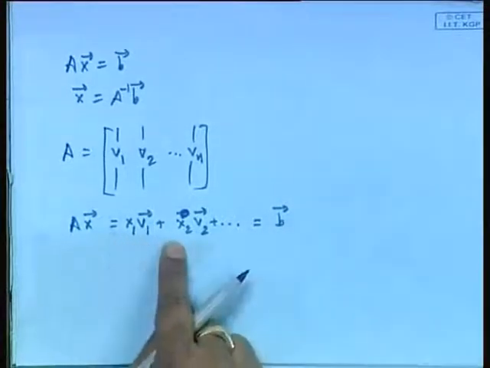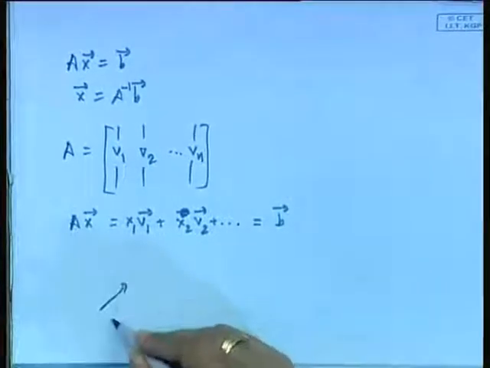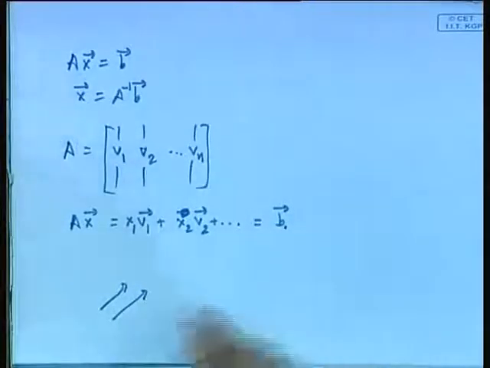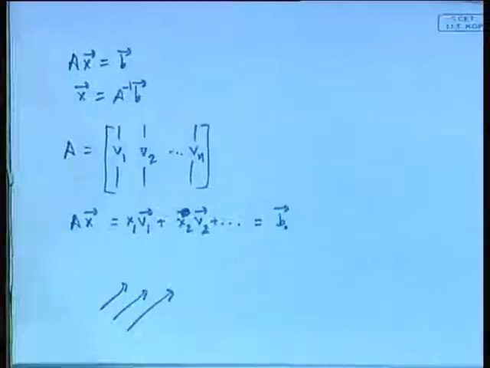And if v1 and v2 are parallel, then you can get this vector b by some combination of them if and only if b is also parallel to them. And in that case, a large number of combinations can give rise to b. Otherwise, you will not get any other combination.